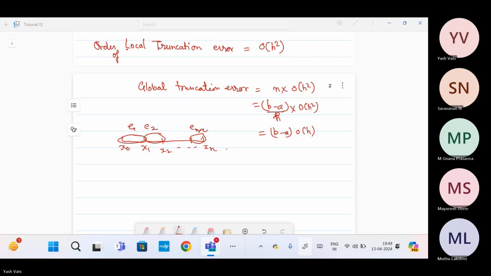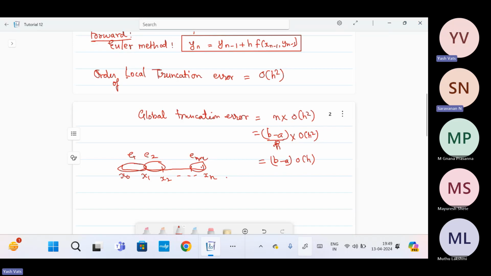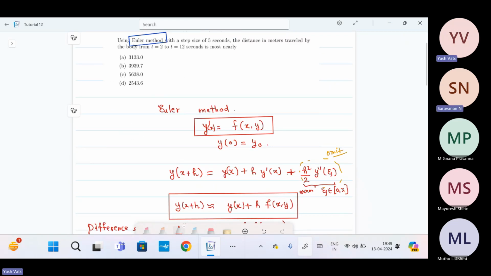I have said about the truncation error of the trapezoidal rule in the last tutorial, and the formula is there. But when we utilize that formula and apply the limits, the value is not coming correctly. Can you email me the question and solution once? I will check it. Sure.